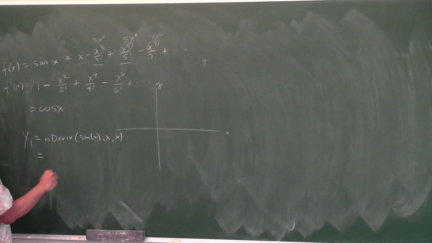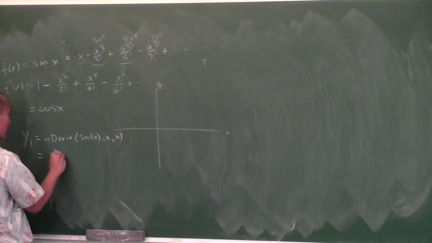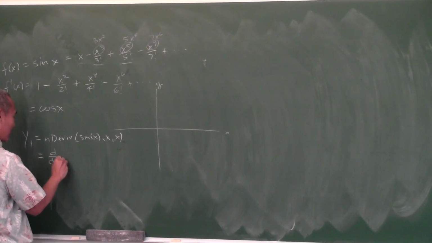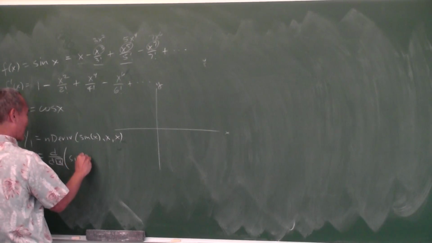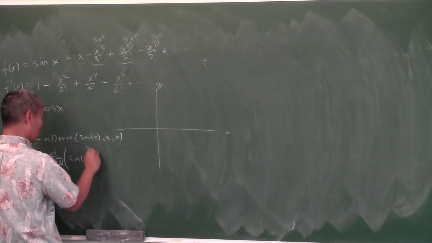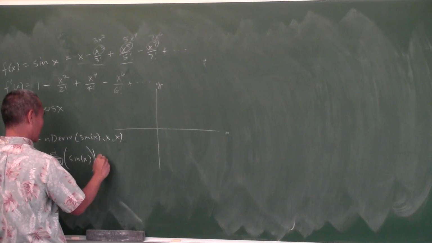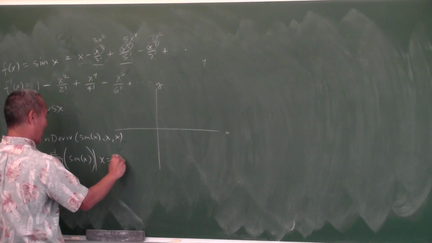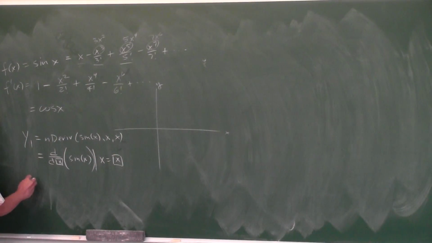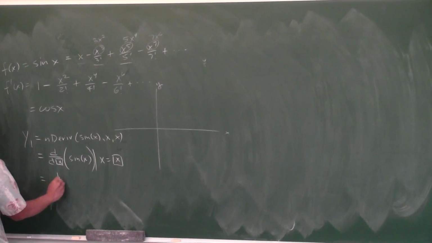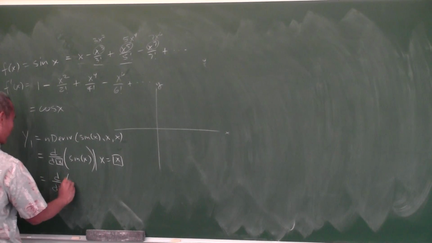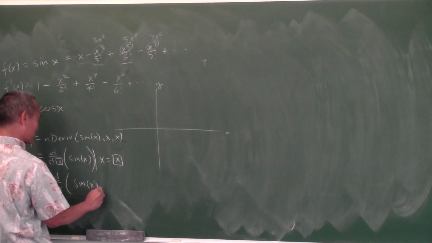Or if you have the newer TI, then you have to type in d over dx of sine x, bar, x equals x. And if you have a Casio, then you have to type in d over dx, the derivative of sine x.